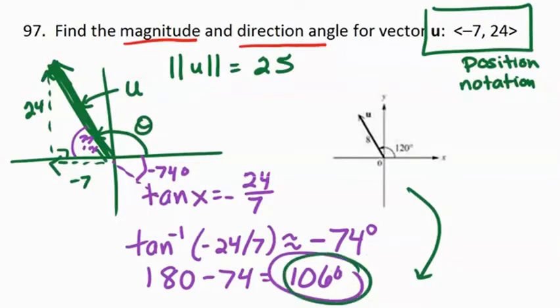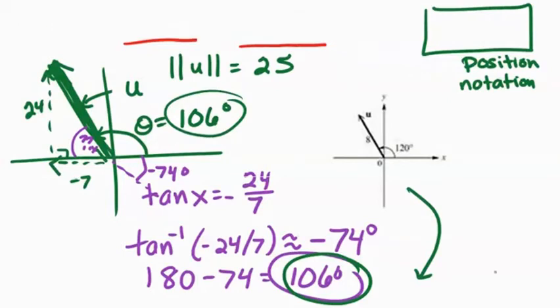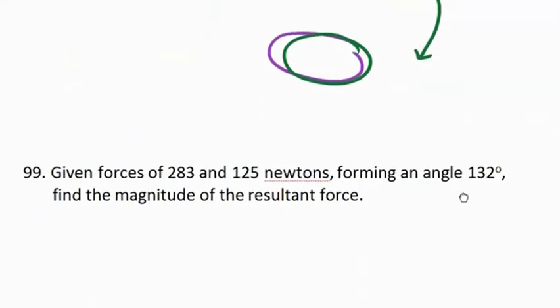So the green angle in our picture, theta, is 106 degrees, the supplement of that 74 degree angle. Okay, so as long as you recognize that tangent is vertical leg over adjacent leg, you will be good to go. Then you would grab your calculator.